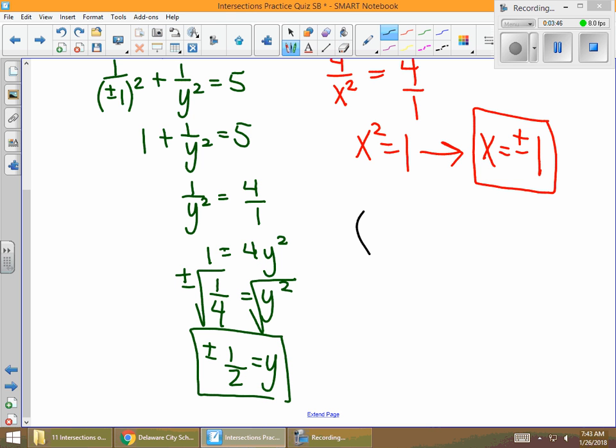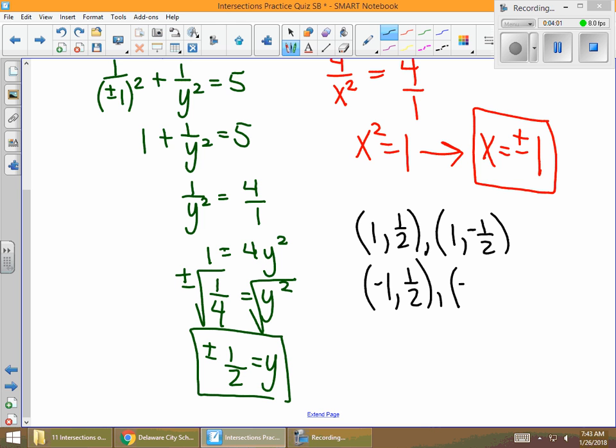If we put negative 1 in, we get positive and negative 1/2 out. And I just double checked that my 1/2s are my y's and my 1s are my x's. And they are.